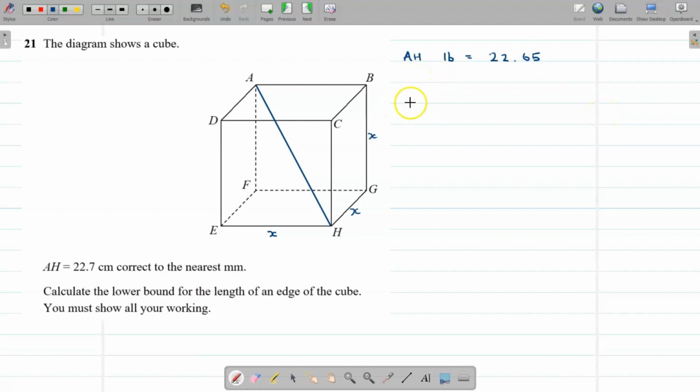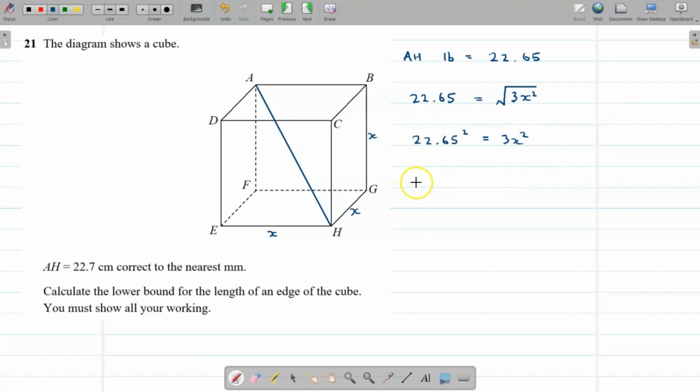Now what we would do is 22.65 would be equal to the square root of x squared plus x squared plus x squared using 3D Pythagoras, which is the same as the square root of 3 lots of x squared. Now we can rearrange this. We can say that 22.65 squared would be equal to 3x squared.